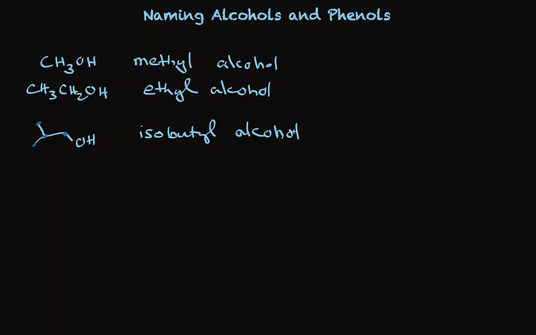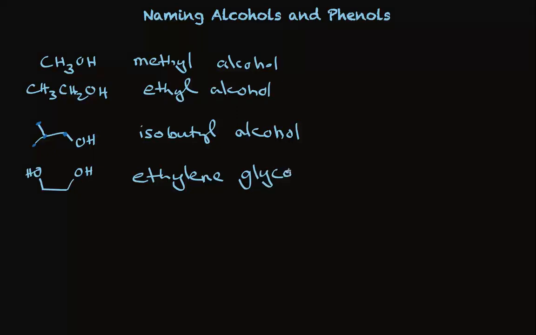There are a couple of ringers that would be worth mentioning. When there are two hydroxyl groups on a two-carbon chain, it's called ethylene glycol. Obviously this isn't ethylene, but it's made from ethylene.